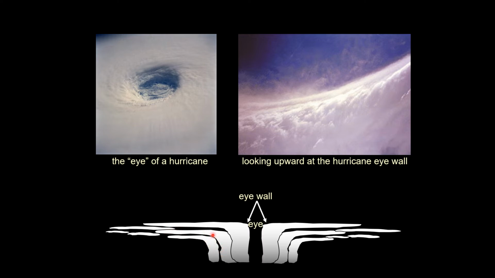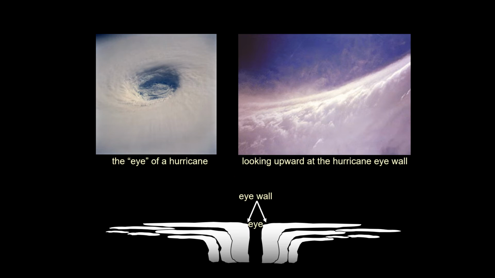We are not going to explain that in the review class, but make sure that the eye of the hurricane has a clear sky. There is no precipitation or thunderstorm over here, but in the eye wall you have a lot of precipitation, thunderstorm, maybe lightning, and very violent weather. So you need to know that.